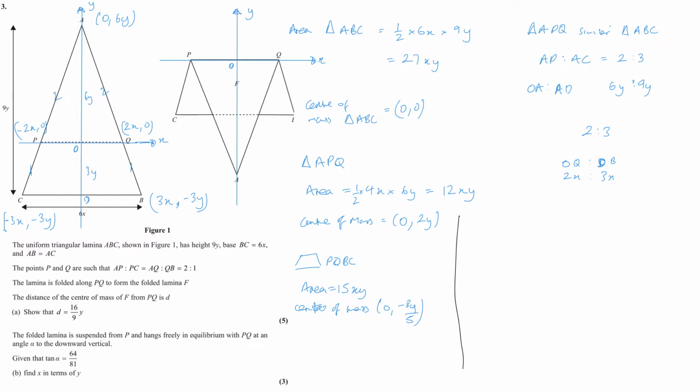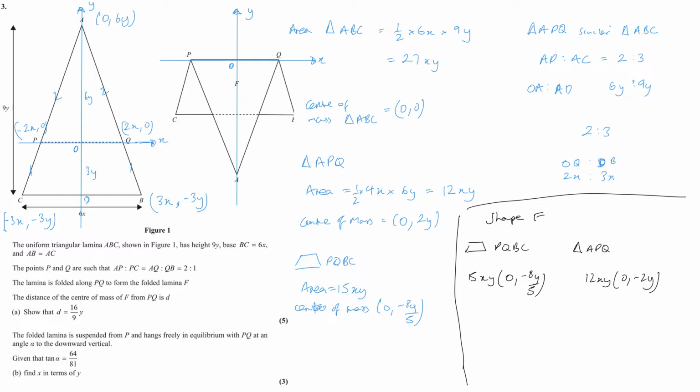So for shape F, PQBC still has an area of 15xy and a centre of mass of (0, minus 8y over 5), and triangle APQ still has an area of 12xy, but now it has a centre of mass of (0, minus 2y) instead of (0, plus 2y).